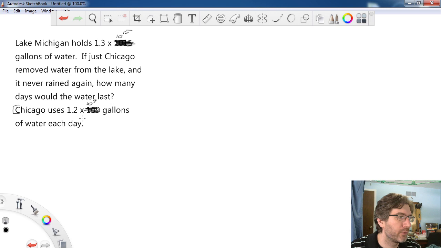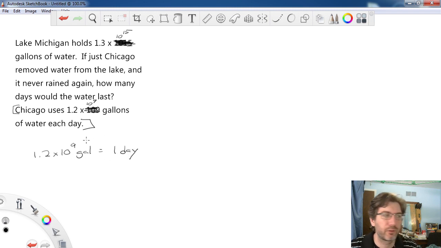Chicago uses this much each day. So your conversion ratio is 1.2 times 10 to the 9th gallons is equal to 1 day. That's going to convert gallons to days. And this is the only conversion ratio there is, so there really is only two fractions here.